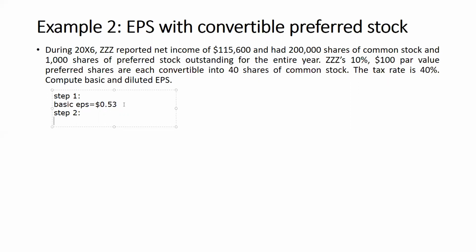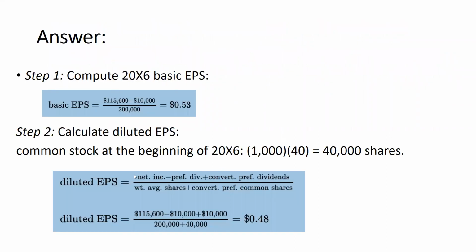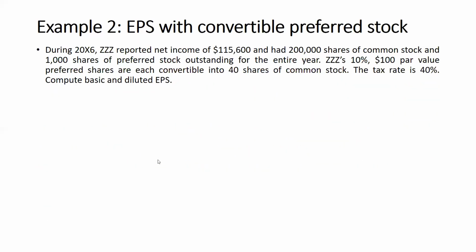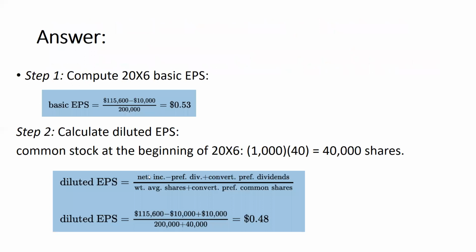If you remember, as I told you, only in 2 cases will there be no increase in the income in the numerator. Look here: this is the numerator, this is the denominator.